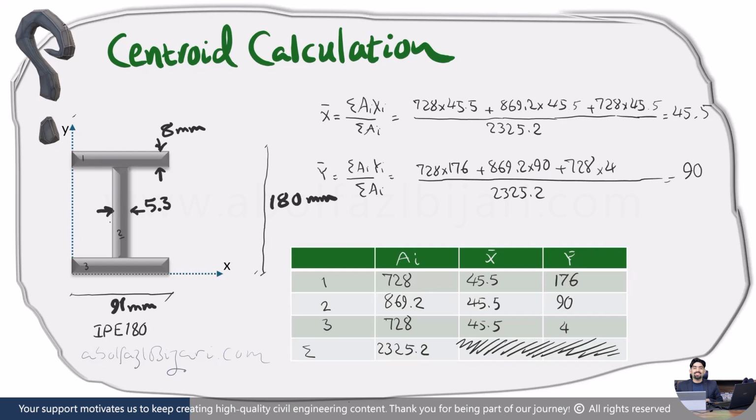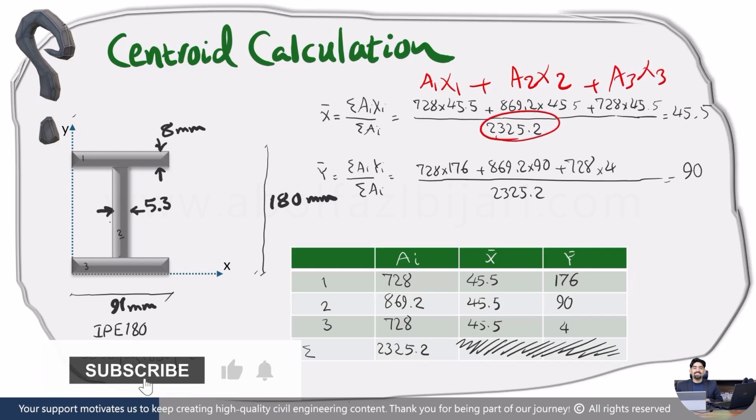Remember the formula about x and y? You see that sigma Ai xi over sigma Ai is A1 x1 plus A2 x2 plus A3 x3. Okay, and here is sigma Ai.